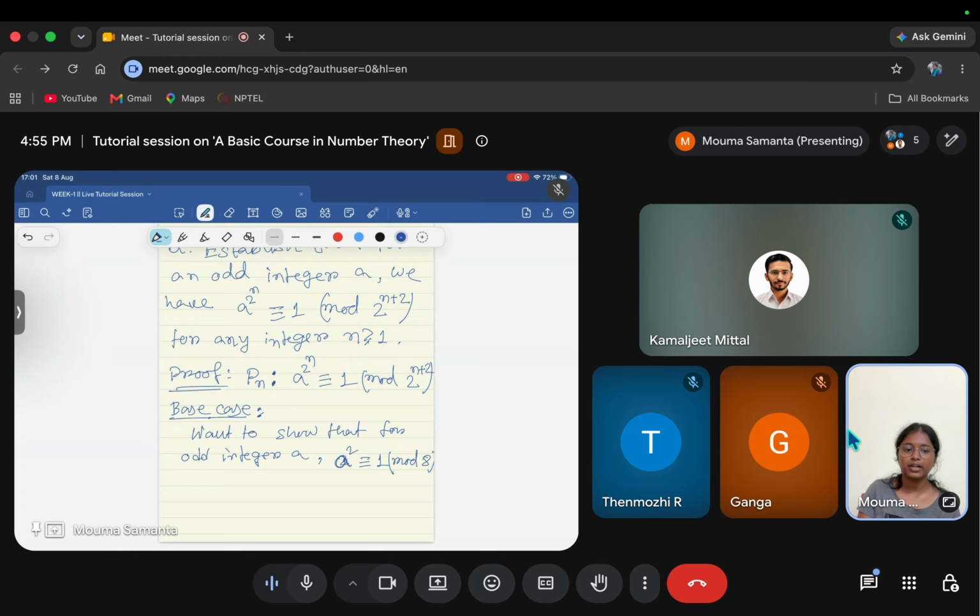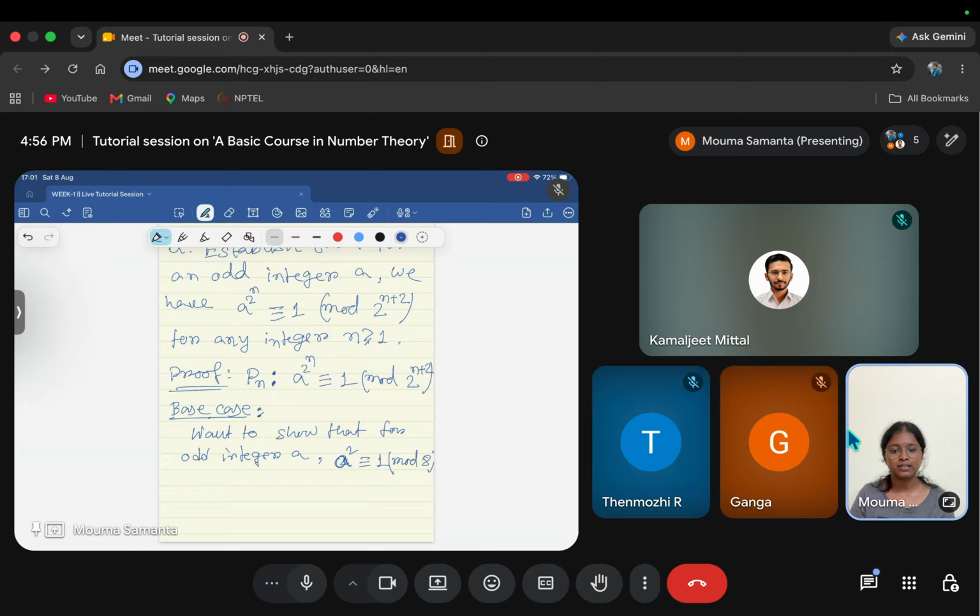When dividing by 8, you don't have any clue whether the remainder will be 1 or not. You would have to take another form of n also, which will be complicated. So a of the form 2n plus 1 will not give the answer directly.